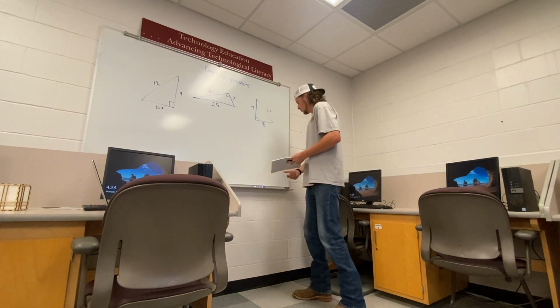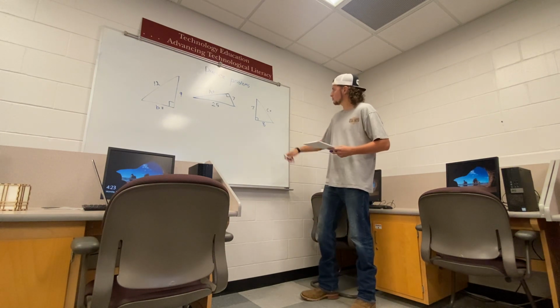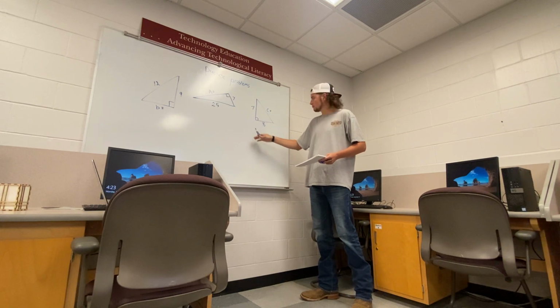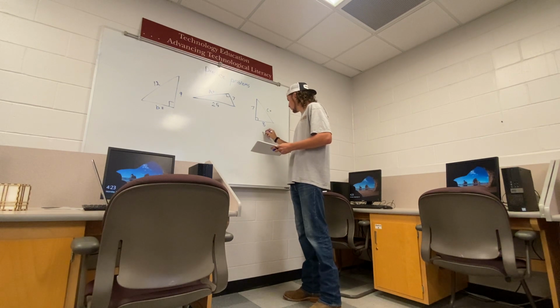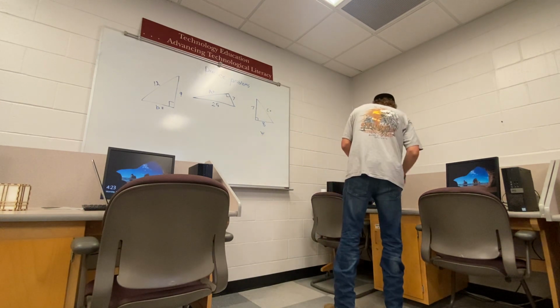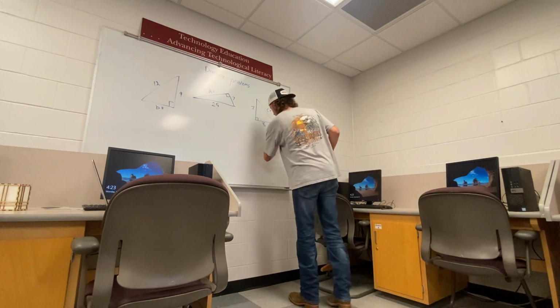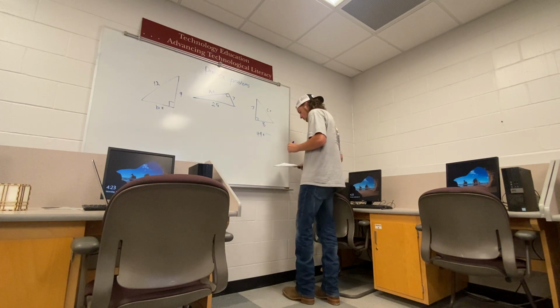So this first example is we're looking for C, the hypotenuse. We have 7 and 8. So we'll get 7 squared, that equals 49. So we got 49 plus 8 squared, which is 64.